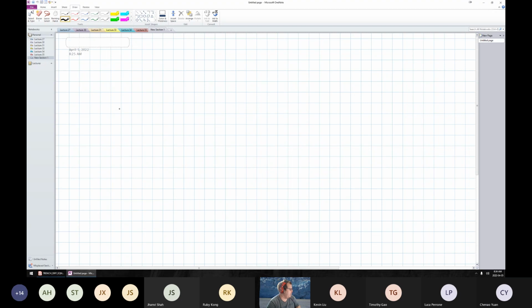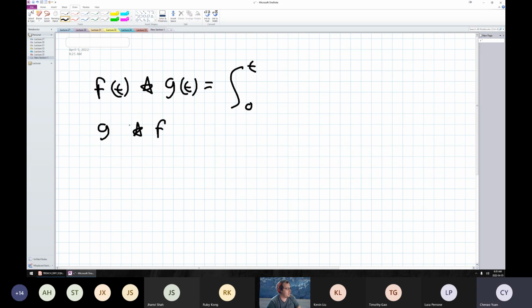Okay, so if I give you two functions, say f of t, and I convolve that with g of t, here you really have two options. You could use the definition. The definition is we integrate from 0 to t. And because we know that the convolution of f with g is the same as the convolution of g with f, it doesn't matter which of these two you shift.